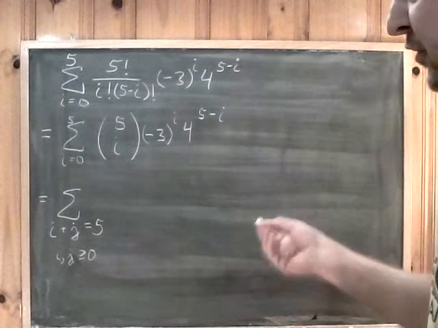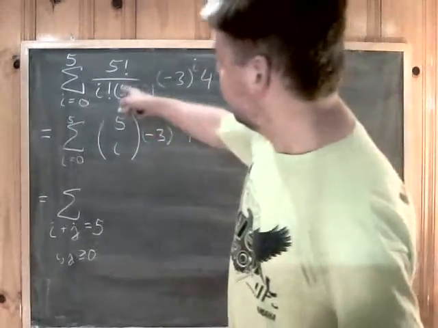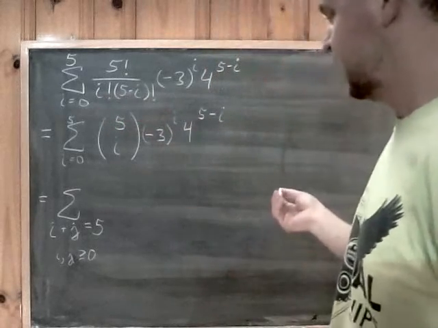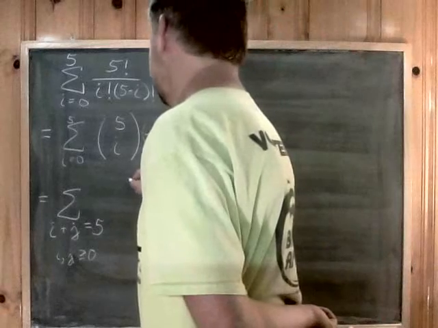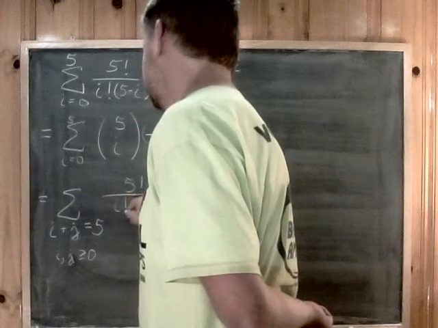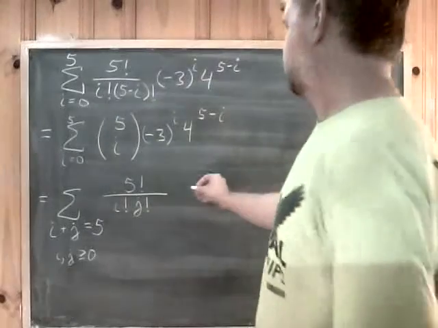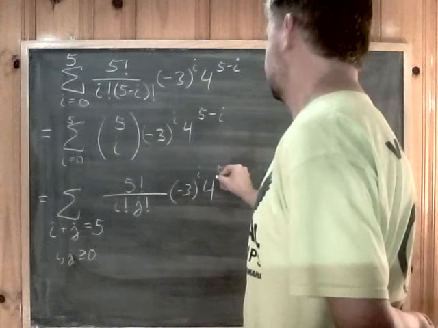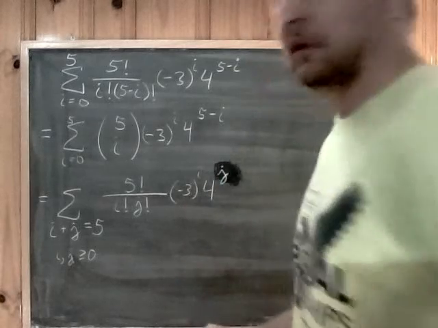You're supposed to sum over all the possible ways of two numbers adding up to 5. Well, that is exactly like these two numbers, i factorial and 5 minus i factorial. Those are the two numbers that add up to 5. So I'm just replacing 5 minus i with a j. So this inside would just be 5 factorial over i factorial, j factorial, and the rest of it being the same: negative 3 to the i, and this time I would write 4 to the j.